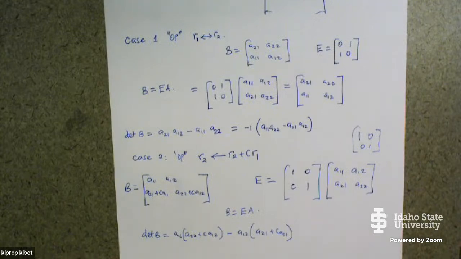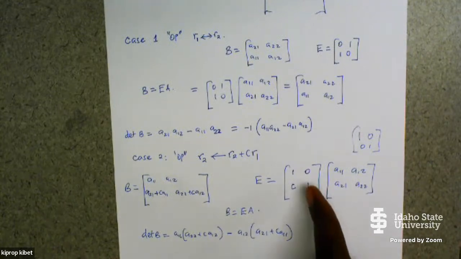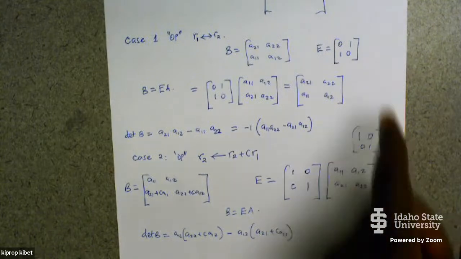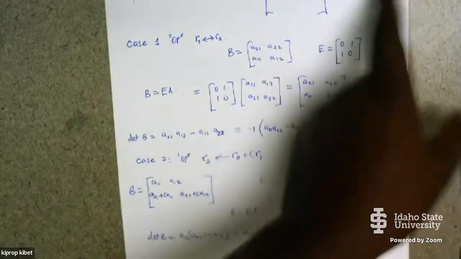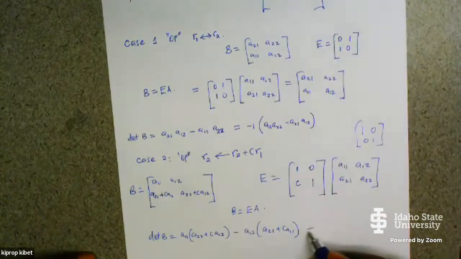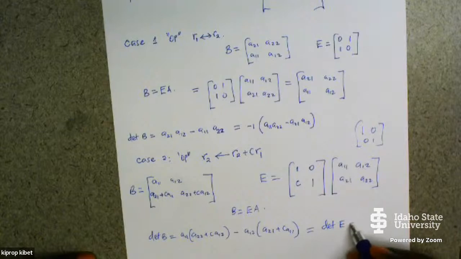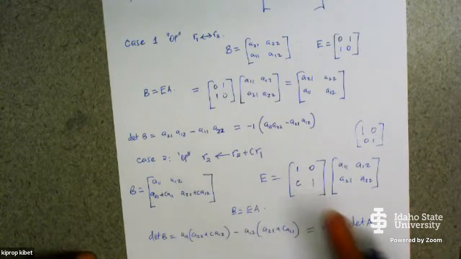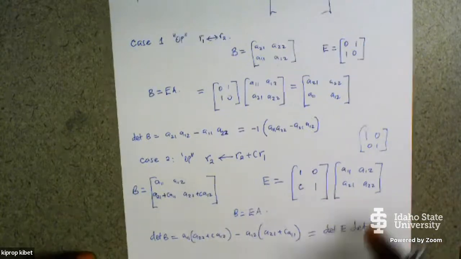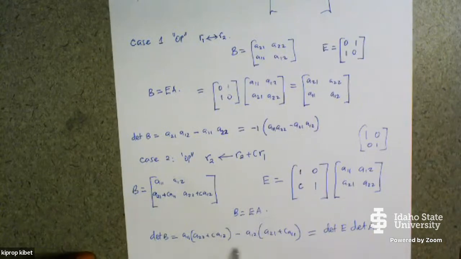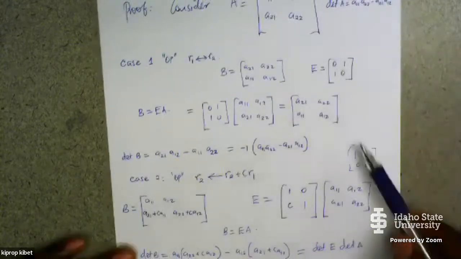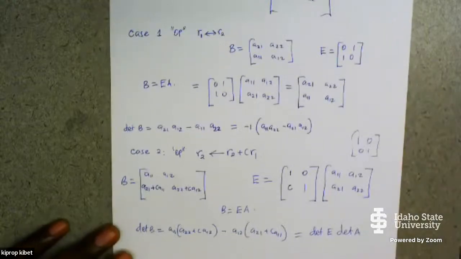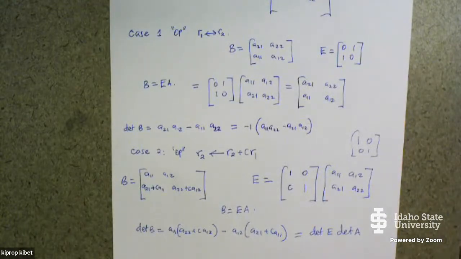And what we get here is just the same as the determinant of A. So it is the same as determinant of E times determinant of A, because determinant of E here is 1 times 1, which is equal to 1, and then determinant of A. When we open these brackets, it just gives the determinant of A. So when we add a multiple of a row, it doesn't change the determinant.